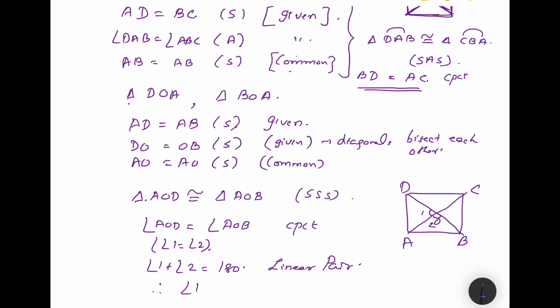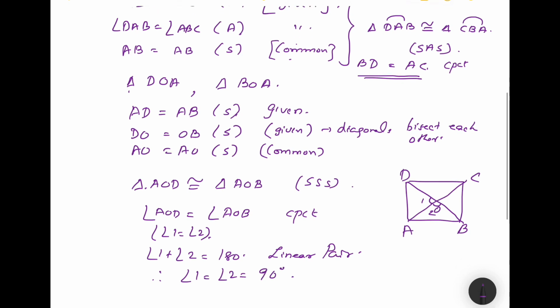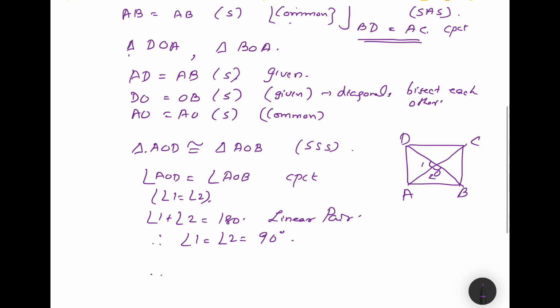Therefore, angle 1 equal to angle 2 equal to 90 degrees. So, you can say BD is perpendicular to AC, and BD equal to AC. You see, the diagonals are equal and the diagonals are perpendicular to each other.